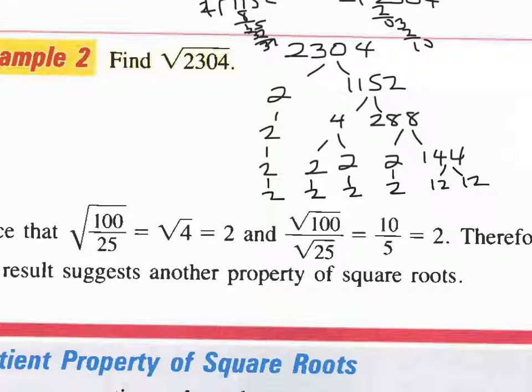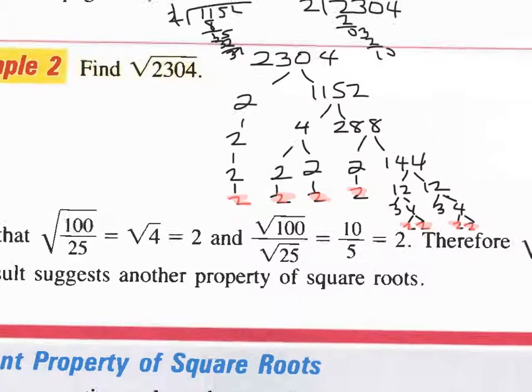And then, again, you could keep breaking it down: 3 times 4, 3 times 4, and then 2 and 2, 2 and 2. So now I'm going to count how many 2's I have. I actually have 1, 2, 3, 4, 5, 6, 7, 8. I have 8 2's here, and then I have 2 3's.